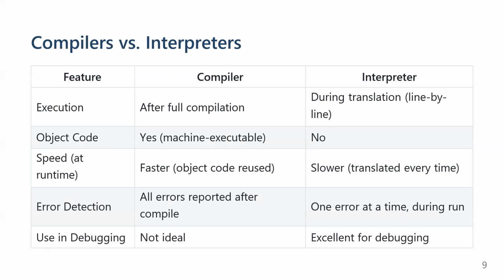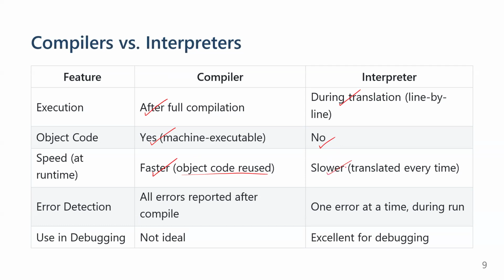So compilers and interpreters can be quickly summarized using this table, where compilers, in terms of execution, execute after the entire program is compiled. Interpreters, however, execute during translation line by line. Compilers produce object code, which is machine executable, whereas interpreters produce no such intermediate or executable file. Compilers are faster because object code can be reused every single time without having to recompile the program, which makes it fast at runtime.